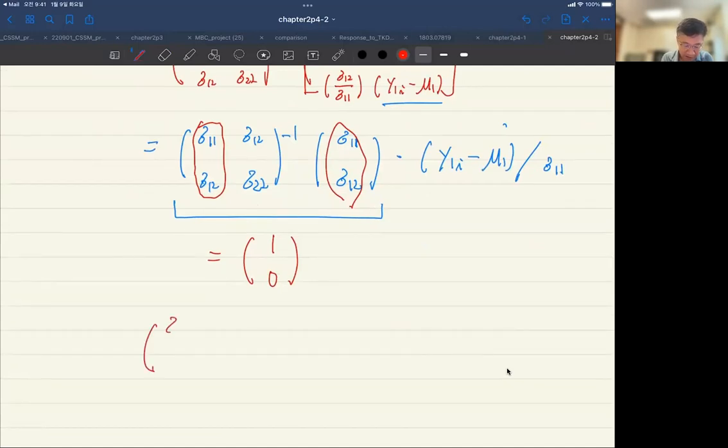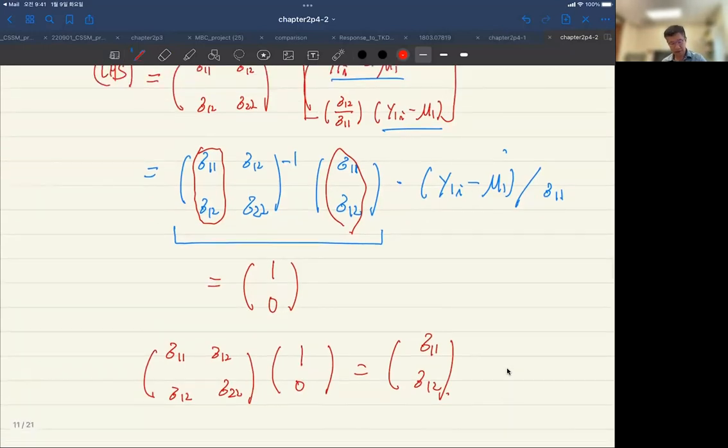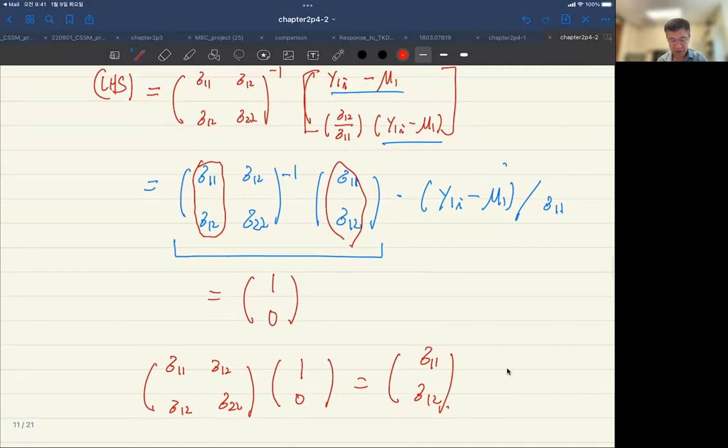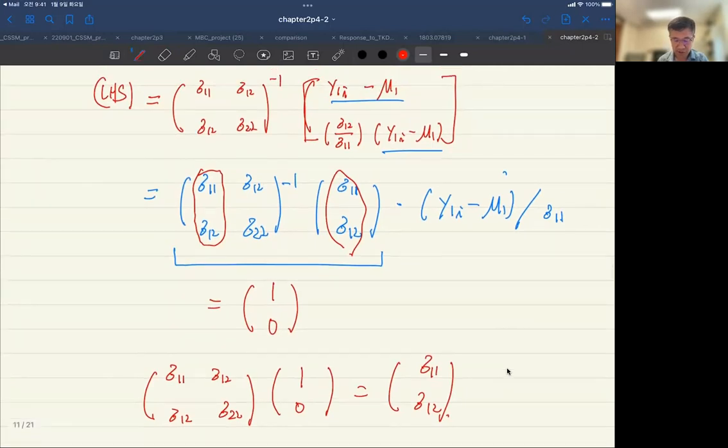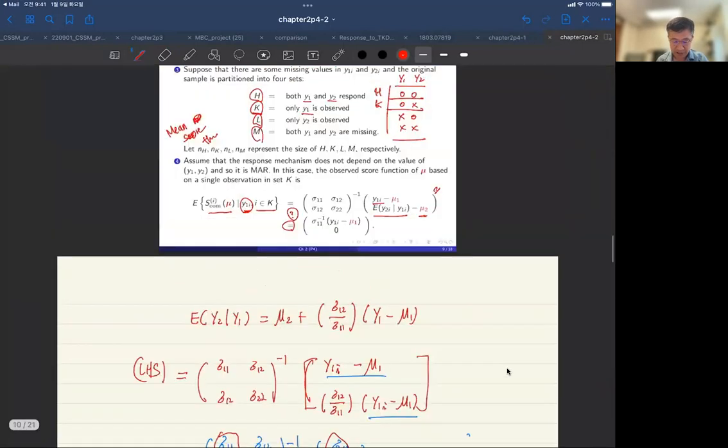If you multiply, you will get the first column. So you don't have to compute the matrix inverse, you can just use some algebra to obtain the result. So anyway, this is what you get. That means you have information in the first component, but not the second component.